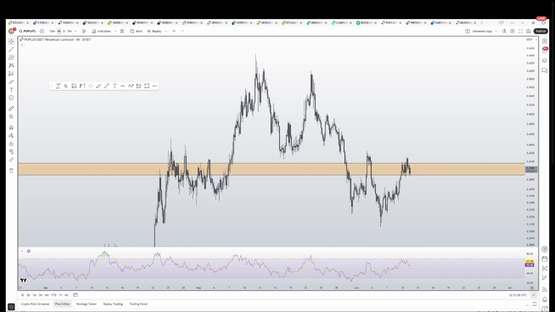Are you saying CPI came in higher than expected? Let me look at the data.